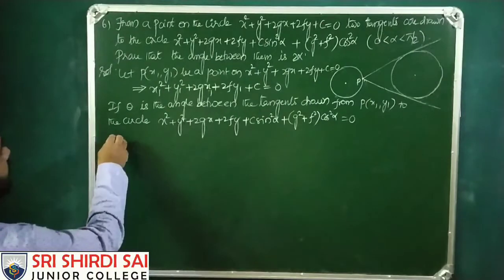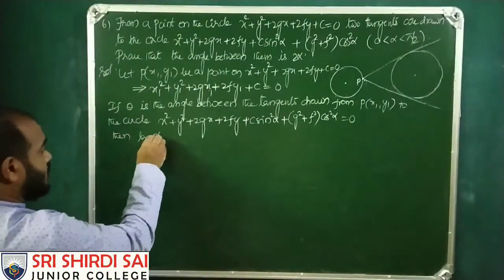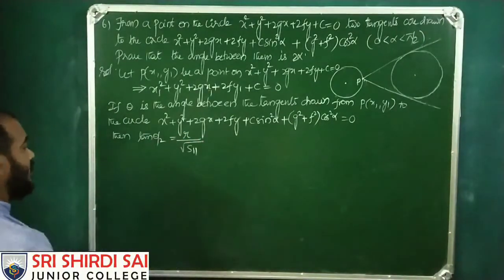Then tan theta by 2 is equal to r by square root of s11.